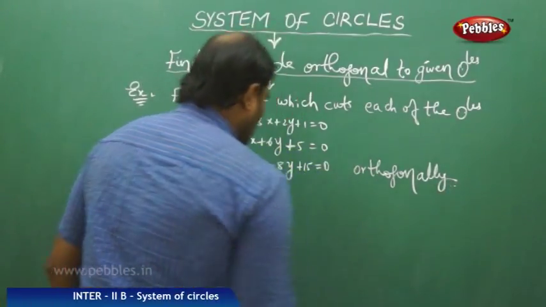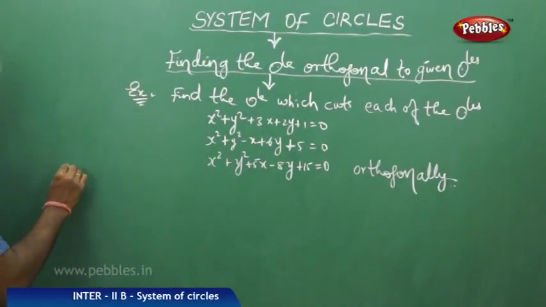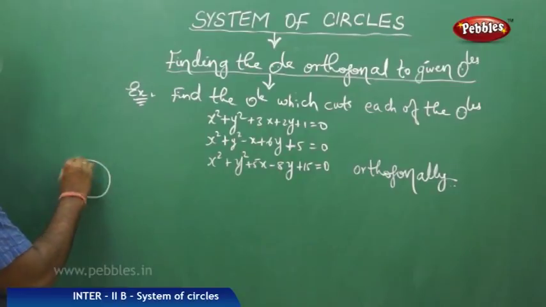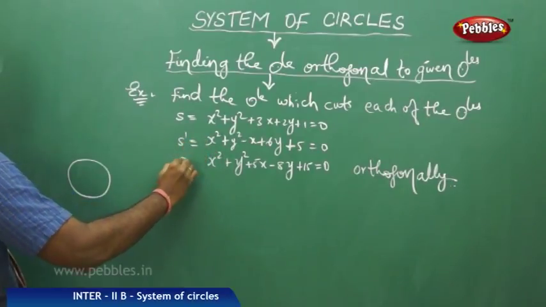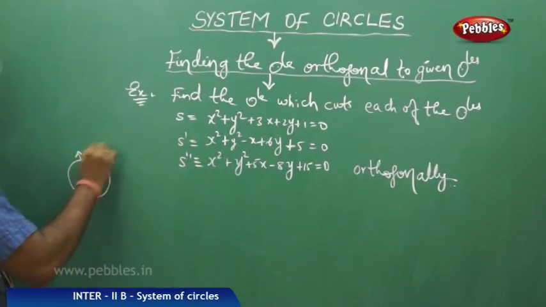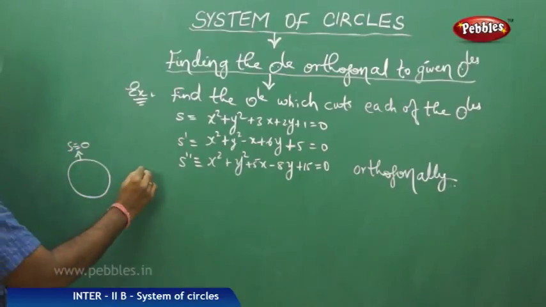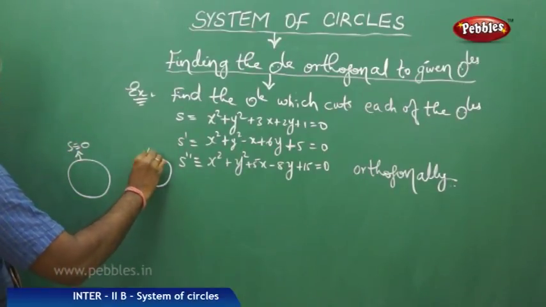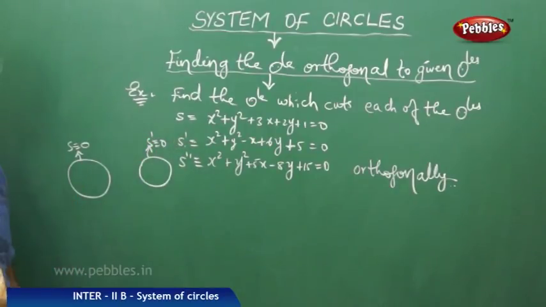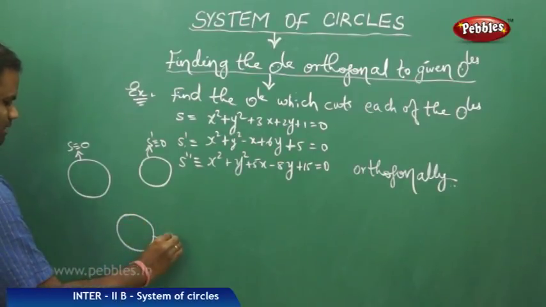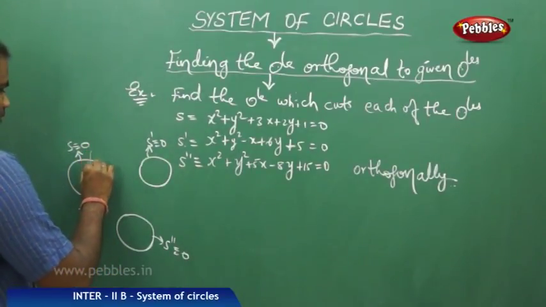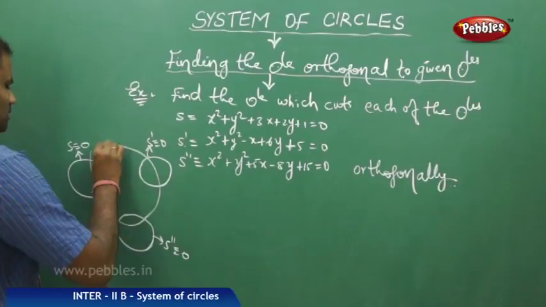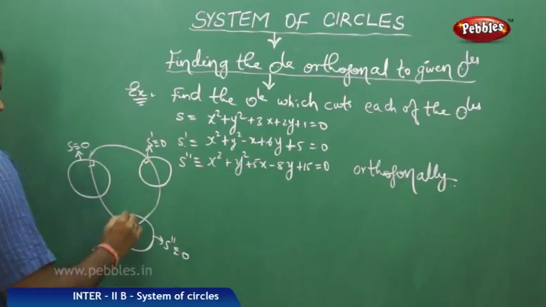In this case, we have already discussed that if I have three circles, the first circle denoted by S equals 0, the second circle S dash equals 0, and one more circle, S double dash equals 0, the third circle, then I have to find the equation of the circle which cuts each of the circles orthogonally, at 90, 90, and 90.